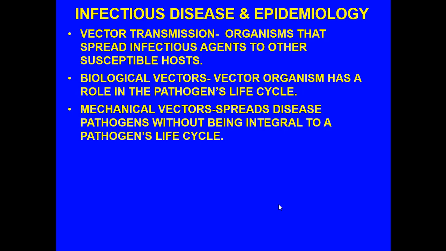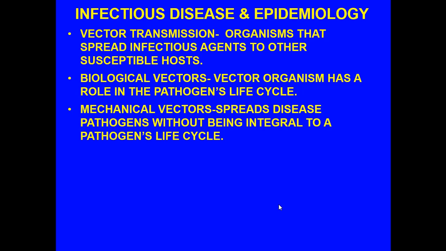The next time the mosquito bites someone else, it will inject some of its saliva. That's what accounts for somewhat the itchiness afterwards with a mosquito bite. But the saliva contains anticoagulants that prevent the bite site from clotting. But also in that saliva are the malaria parasites that start the cycle again within the human being.